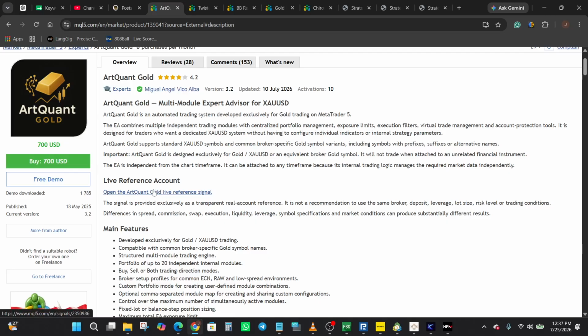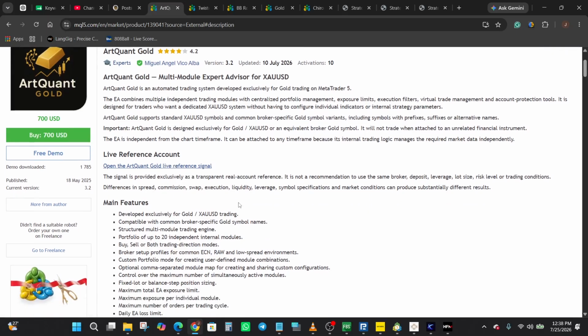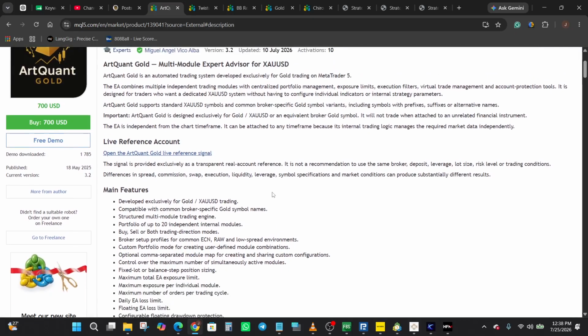There is also a live reference signal linked on the page. Now I want to flag something important. The developer is upfront that this signal is only a transparent reference and not a recommendation to copy the same broker, leverage, or risk settings, since all of that can change your results significantly.